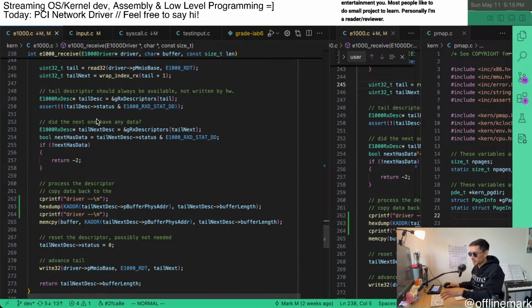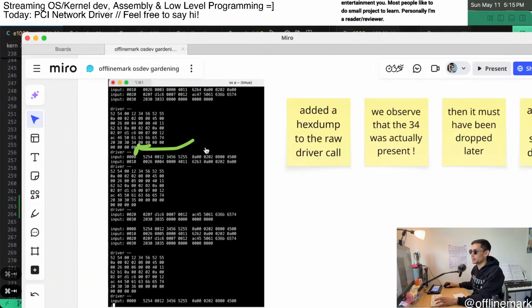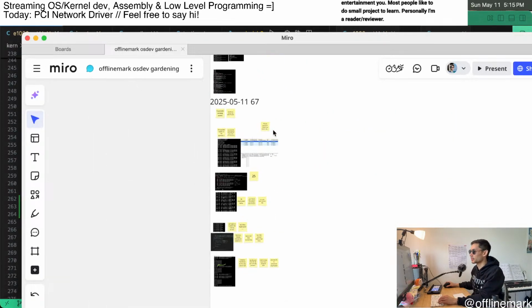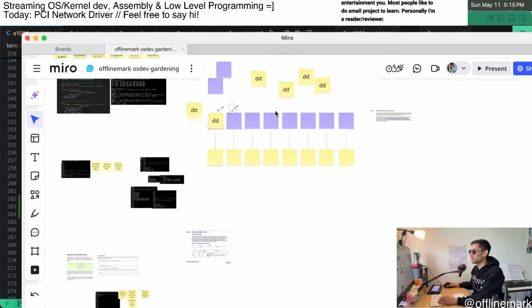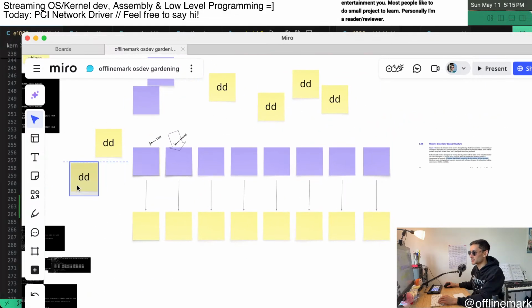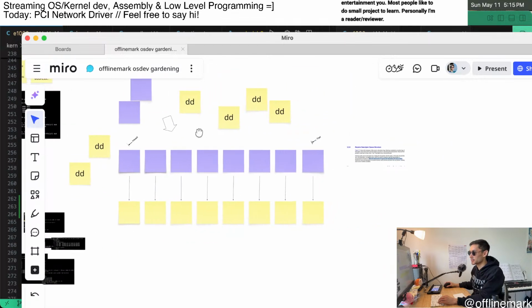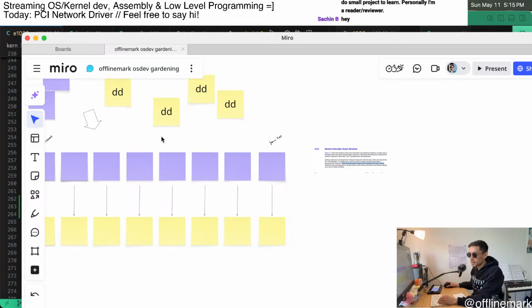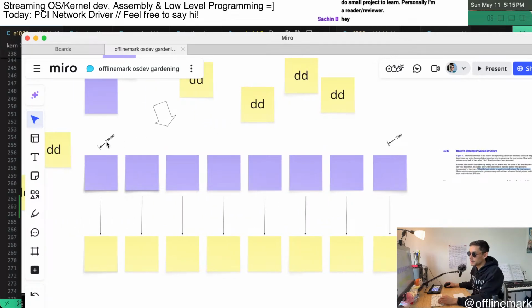So the job here is to interpret the ring buffer state, and the ring buffer, just for memory, is something like this. We have all these descriptors, and the hardware bumps data into here and advances the head pointer.